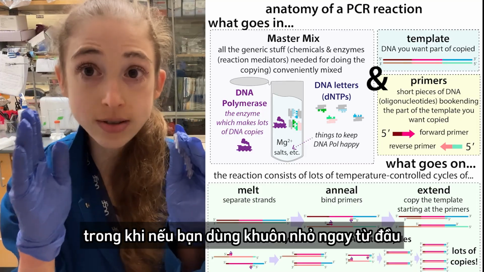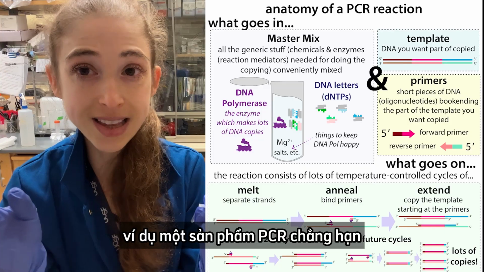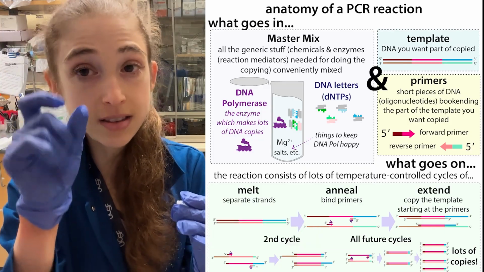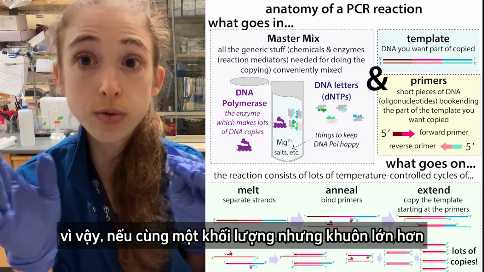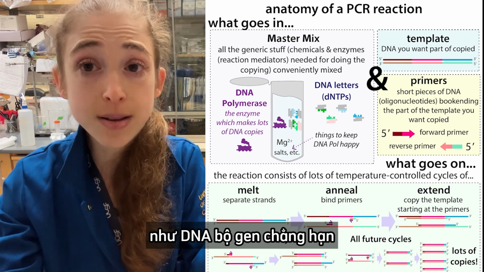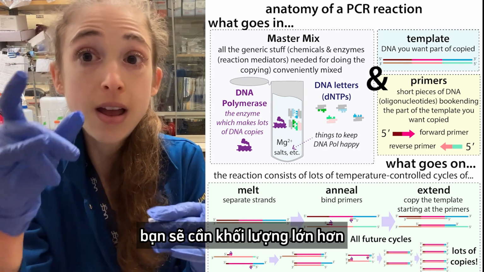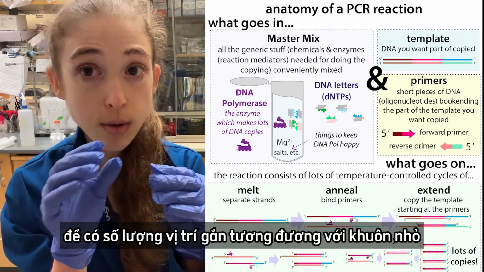Whereas if you have a small template that you're starting with, maybe like a PCR product or something like this, now one site is going to correspond to a smaller mass. So if you have the same mass of a bigger template, like genomic DNA or something, you're going to need a big mass to have the same amount of sites as if you had a smaller part.